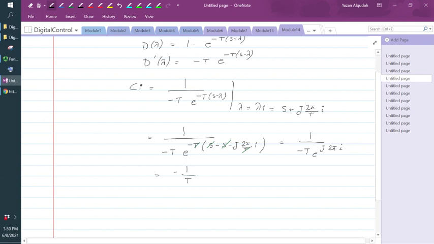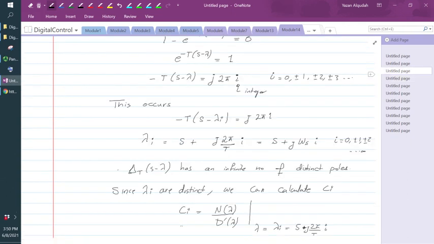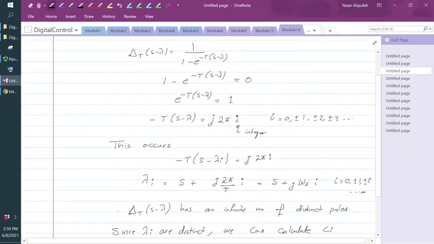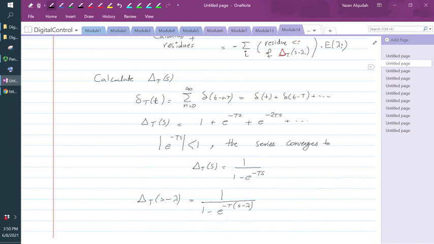So what I'm going to do, I'm going to go back to my expression here and say, okay, this is going to equal the summation of the residue Ci, but the residue that we calculated is just going to equal 1 over t multiplied by E of lambda.